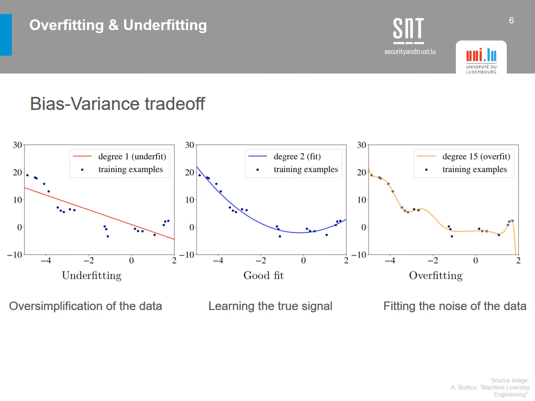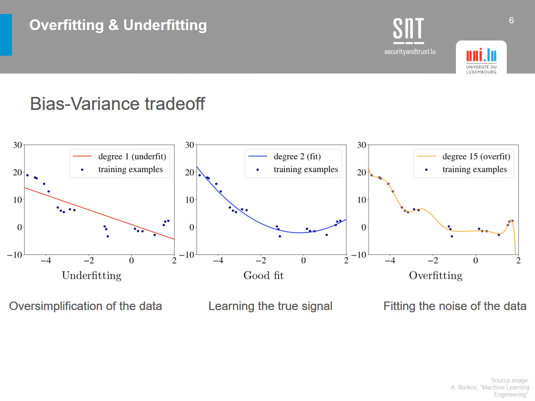The vertical distance from one dot to the corresponding point on the curve corresponds to the error of our model. So in the center, we have an almost ideal function. It seems to be pretty good because on average, the vertical distance between the dot and the curve, or we can say the error, is quite small.